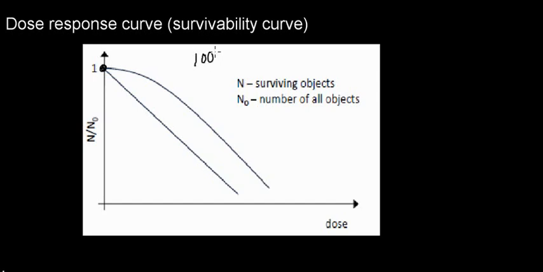Because if we had 1,000 organisms in the beginning, 1,000 were still alive before we started applying radiation. And this curve basically measures how many died or how many were rendered inactivated. So in the beginning, we're also always going to have 100%. So when you're drawing this graph, always start from the point 1.